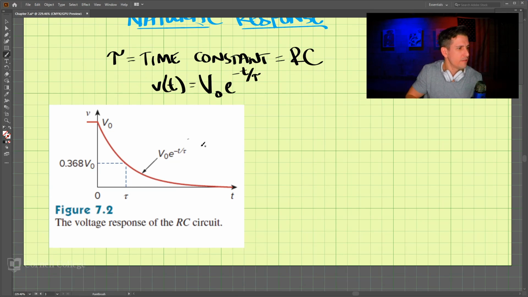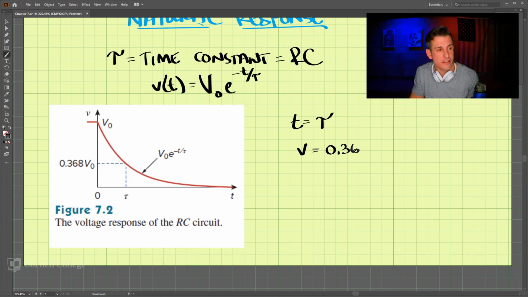If t is equal to tau, V is equal to 0.368 V naught, the original voltage.